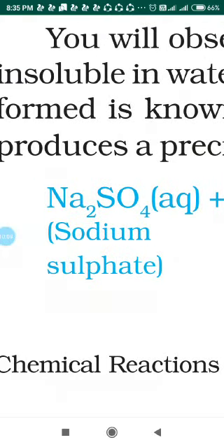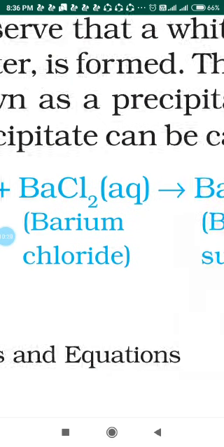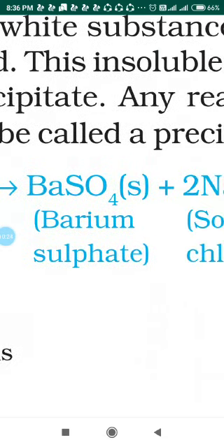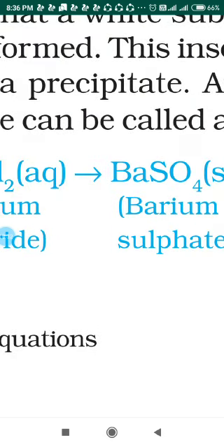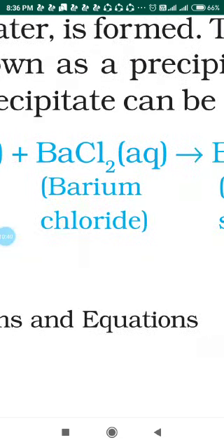Here the sulfate ion from sodium sulfate and the chloride ion from barium chloride exchange their places, and get bonded with the other metal positive ions to form two new chemicals far different from the reactants.